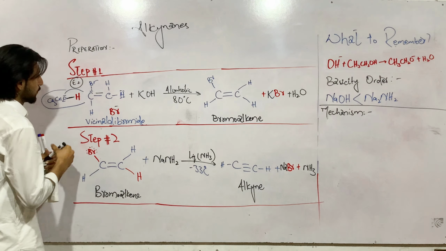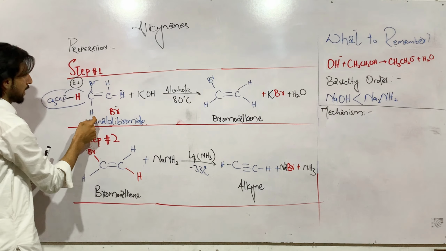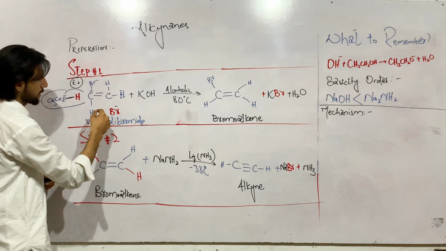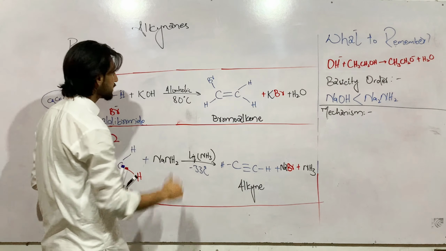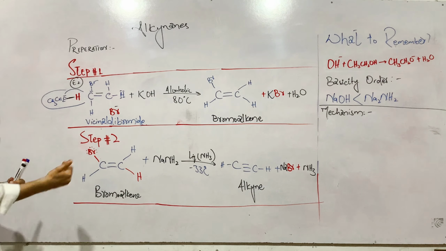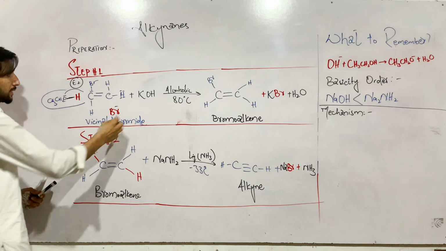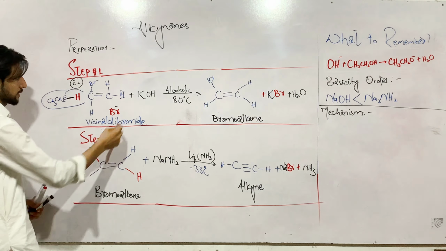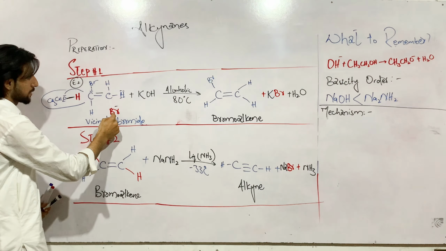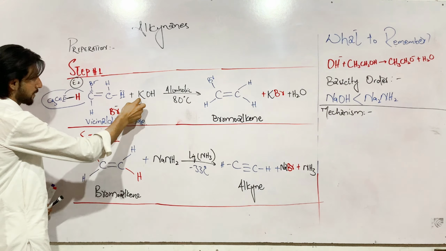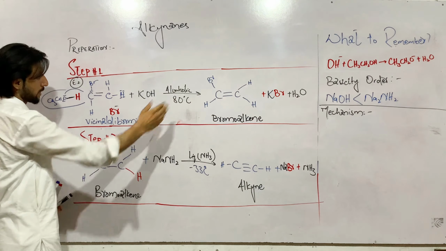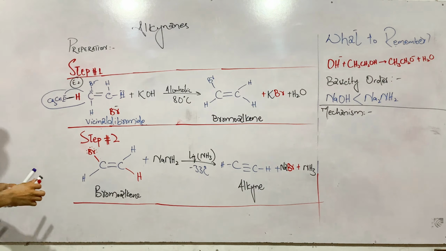So we have now converted our vicinal dibromide into a bromoalkene. Now what happens in the next step? This bromide ion combines with the potassium to form KBr, as mentioned over there.